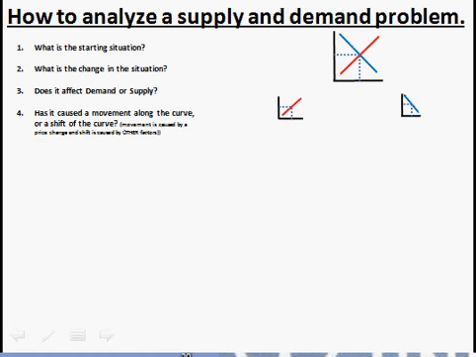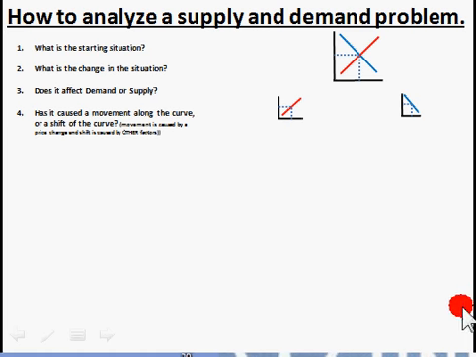Once we've determined which of those two it's going to affect, the next question is, does the situation result in a movement along the curve, which would be caused only if the situation describes a change in price, or does it involve a shift of the curve? Remember, there's a certain set of factors that would cause a shift in a demand curve, and another totally different set of factors that would cause a shift in the supply curve.